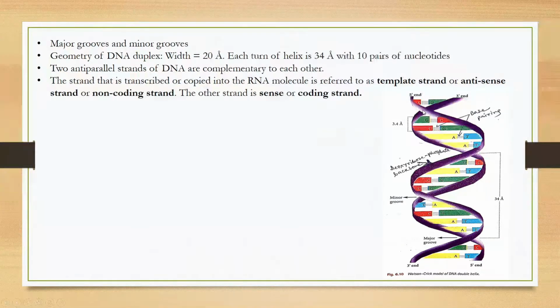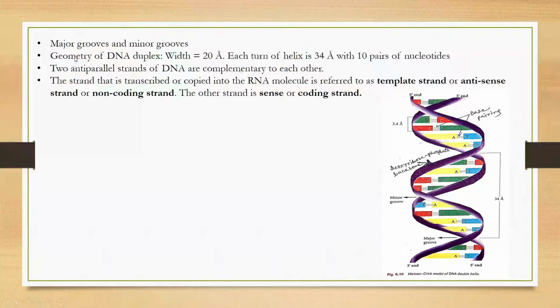You see this is the backbone, the sugar phosphate backbone. And this is the base pairing of nitrogenous bases. That is GC, a purine and a pyrimidine, between guanine and cytosine, and then adenine with thymine. There are 2 hydrogen bonds and there are 3 hydrogen bonds.